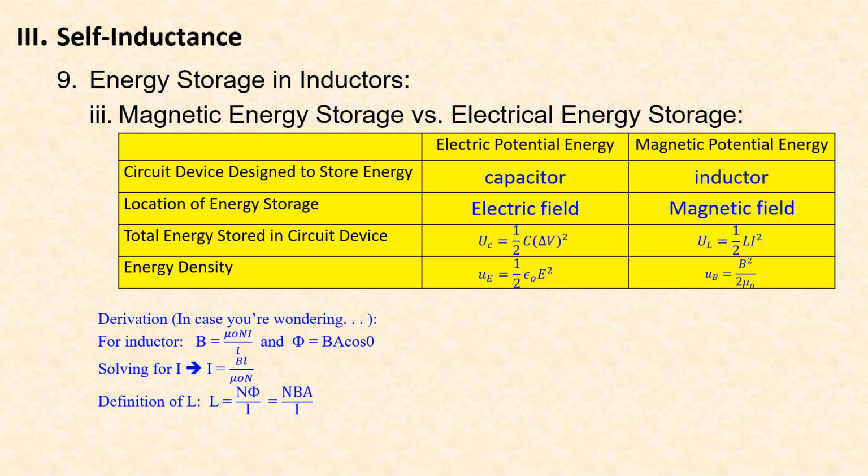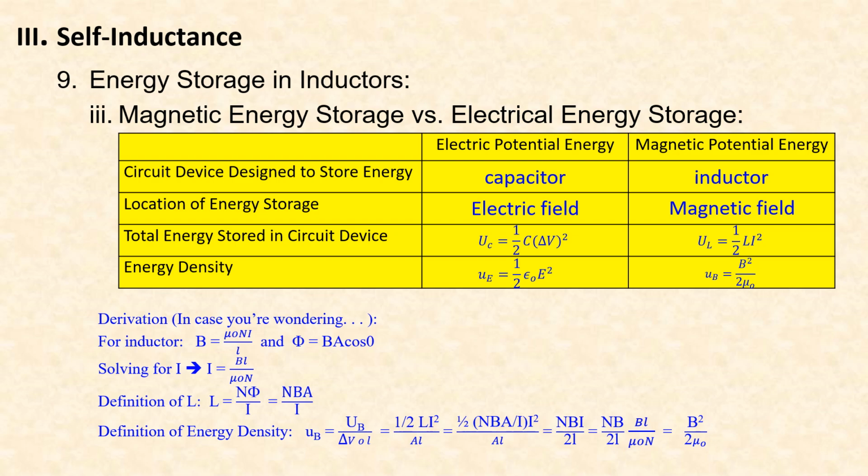So given that, we're now in a position to evaluate the energy density. Remember we said energy density is the total energy stored in the field per unit volume. We said that the total energy has the form 1/2 self-inductance times current squared, divided by the volume, which is the cross-sectional area of that inductor times the inductor length.